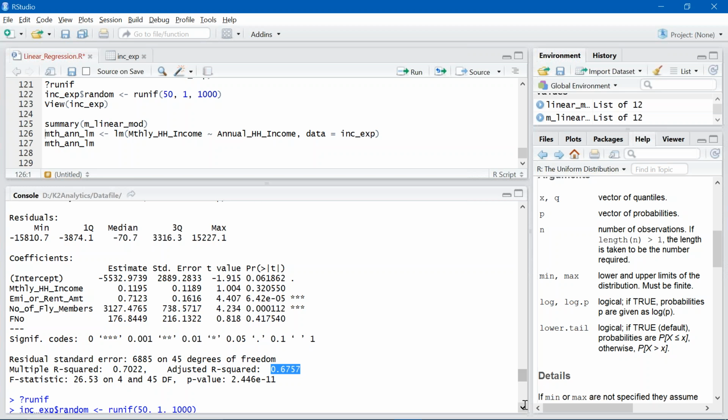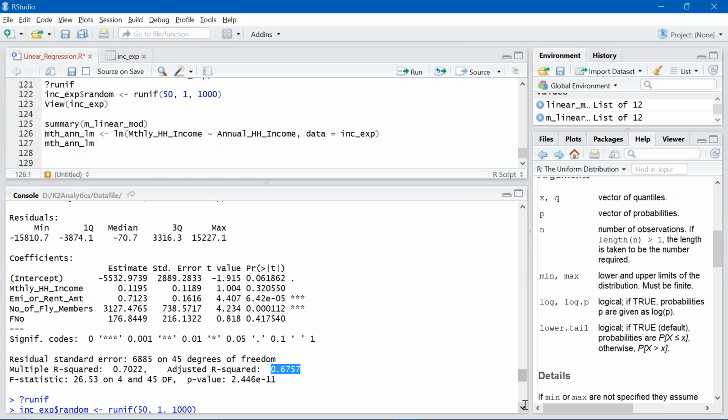So when you build a model, if you add a new variable and you have to decide whether the new variable is a good variable or not, you should see the previous model's adjusted R square, then run the regression again with the new variable added, and see the adjusted R square.